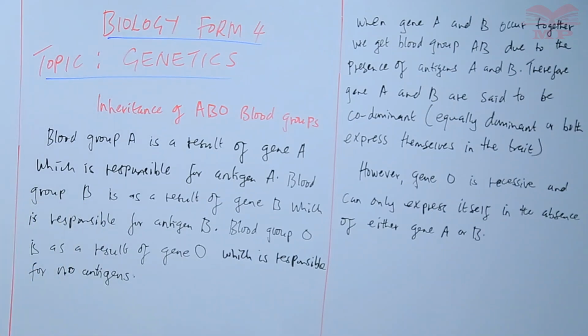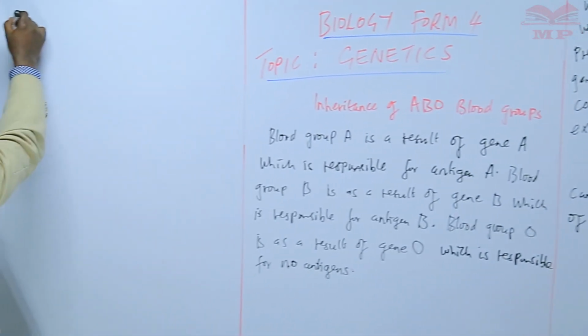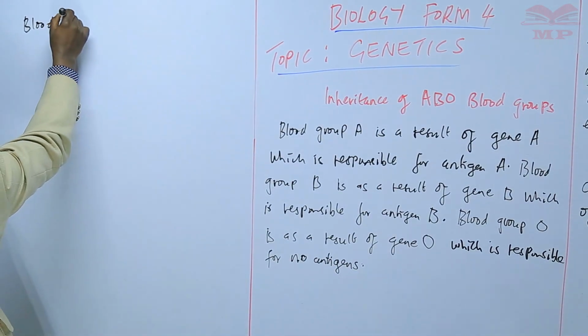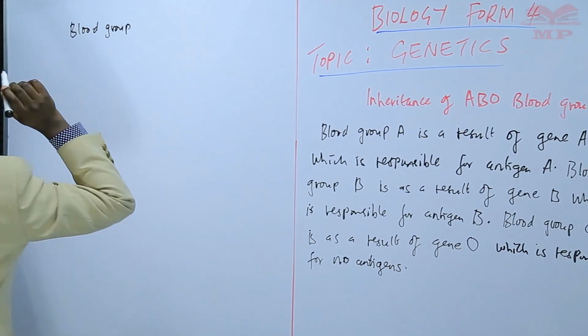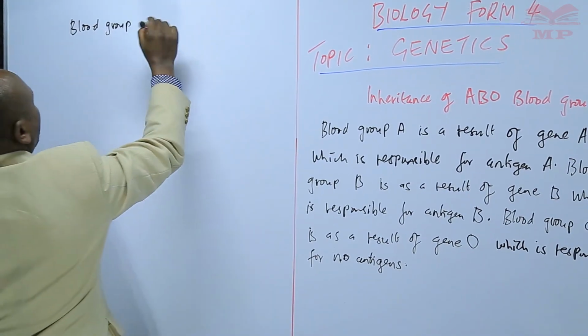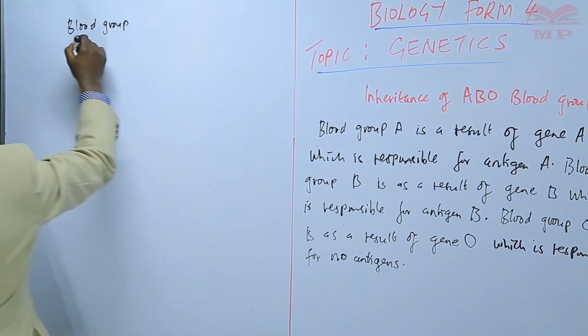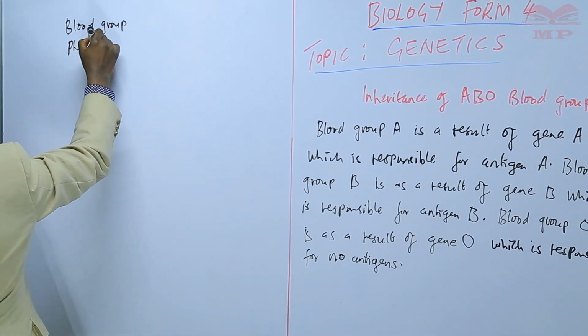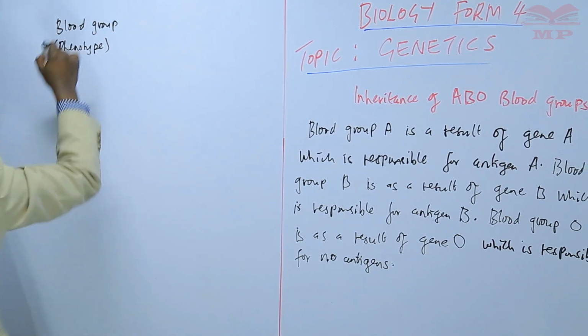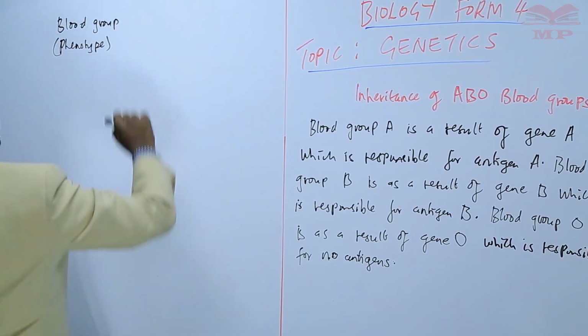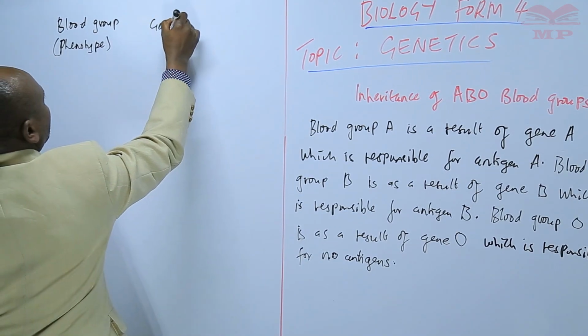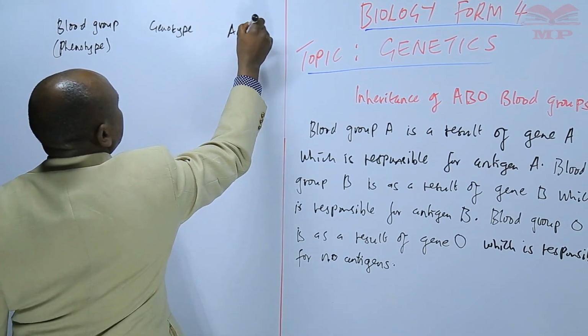We'll summarize that as a table. So we have the blood group, which is the same as the phenotype in this case. Then we have the genotype, then the antigens.